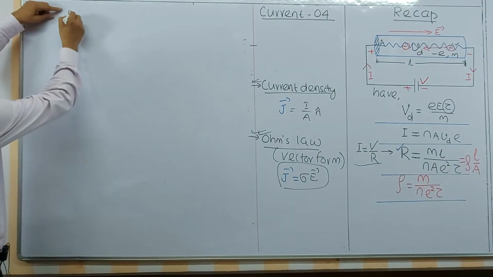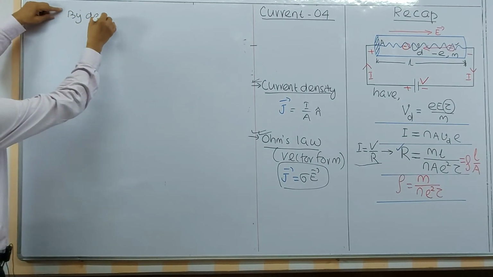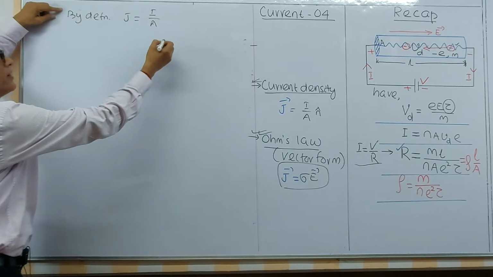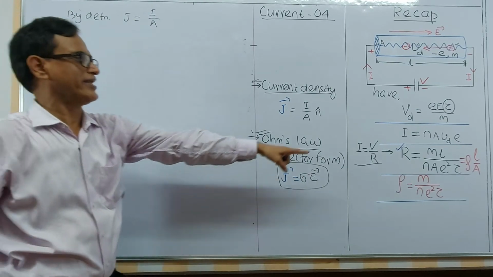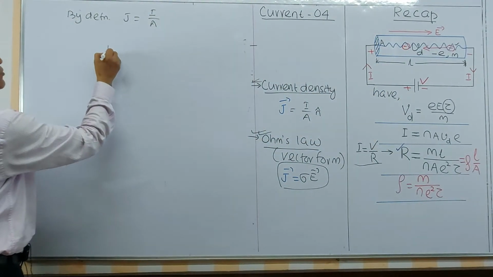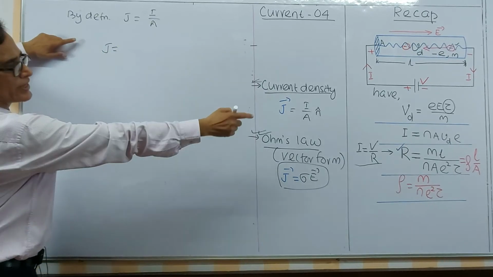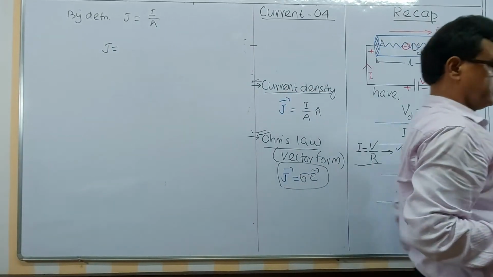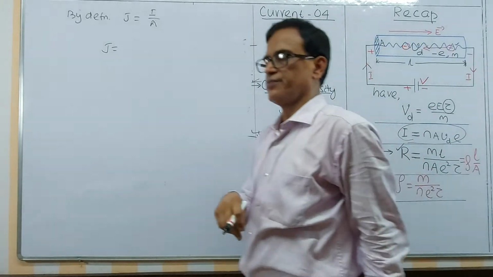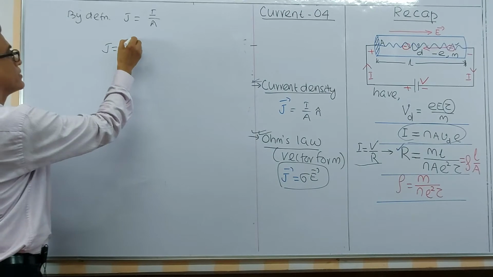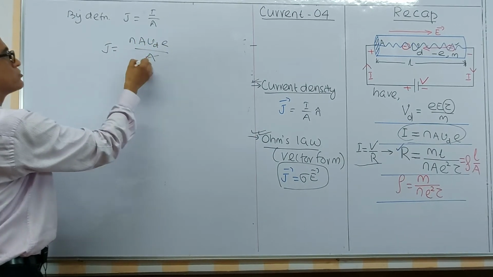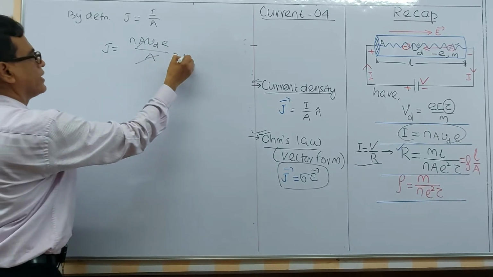See, by definition, simple derivation, J is equal to I by A. And I think you have already read what is I. Now simply you take I, which is N A VD e, so J equals N A VD e by A. You can cancel A, N VD e.